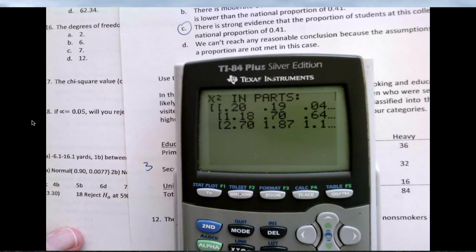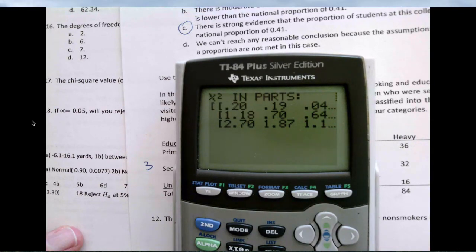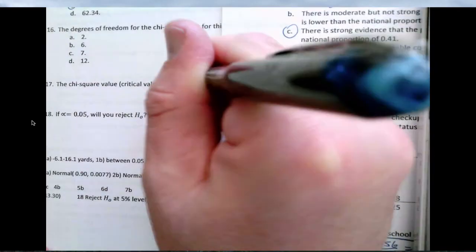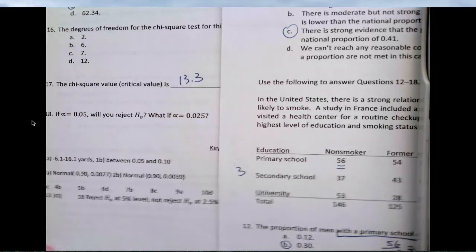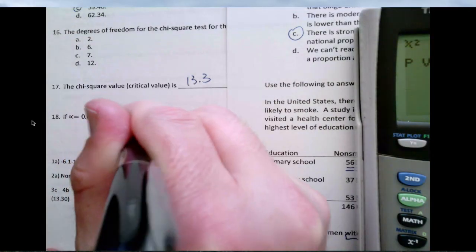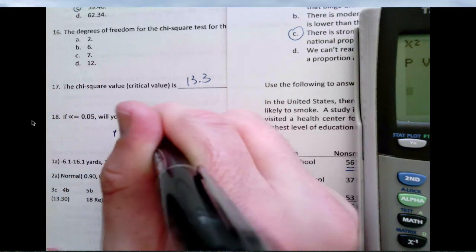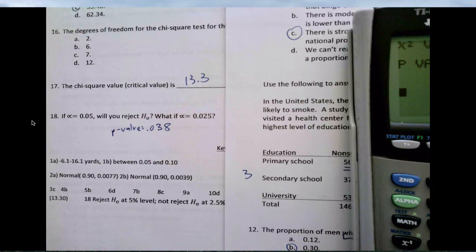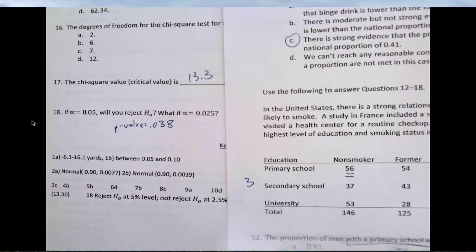When I press enter, there's the amount of chi-square accumulated by each portion of the table, giving me a full chi-square of 13.3. The degrees of freedom we'll get to in a second. 13.3 was the full chi-square. The p-value was 0.038.